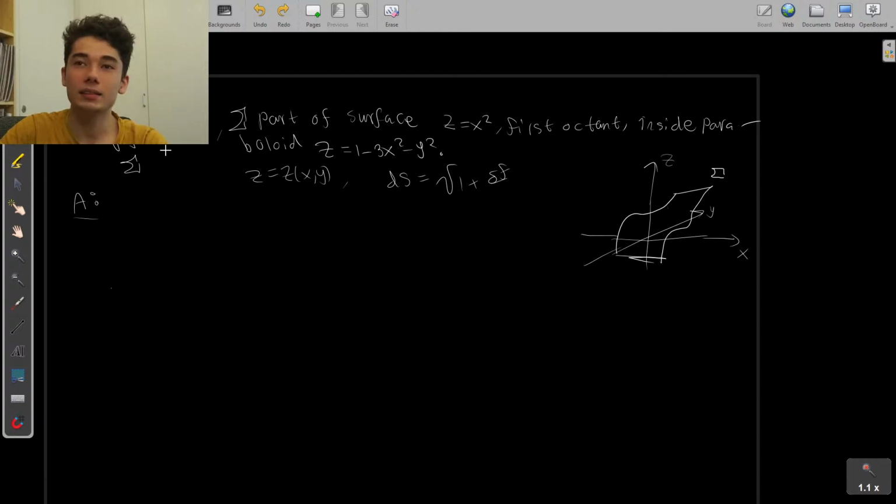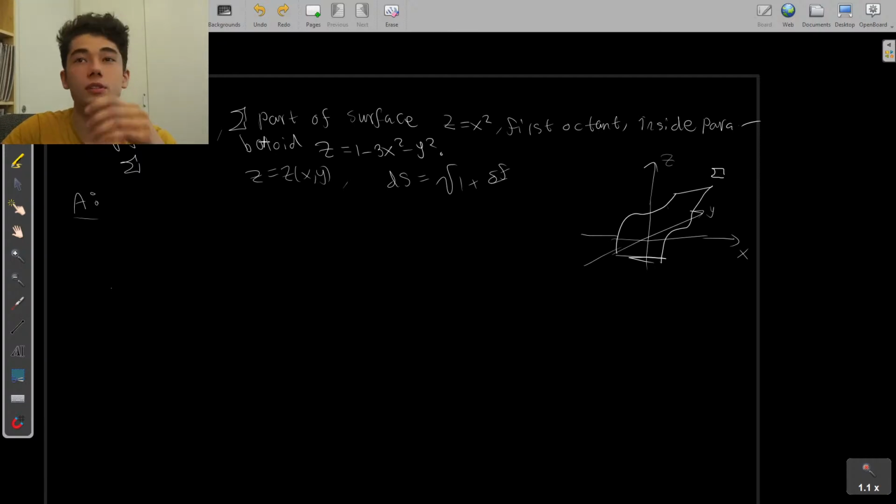I guess there is an intuitive picture here where we can see this as the mass, and this function here as our density, and we're basically finding the mass of this surface. I think that's the intuitive picture that my lecturer gave me.